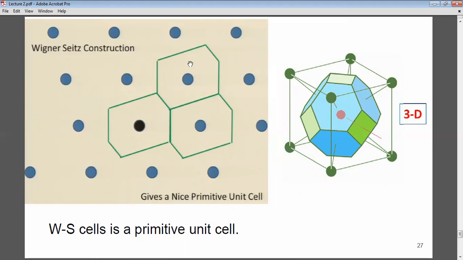I can stack these Wigner-Seitz cells next to each other, and I can reconstruct the whole lattice. So it is a nice primitive unit cell. This is in 2 dimensions. In 3 dimensions, it looks something like this.